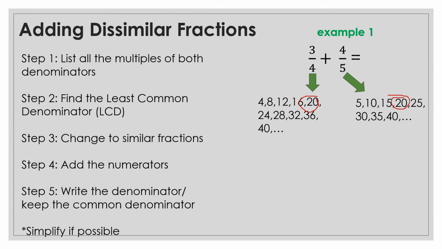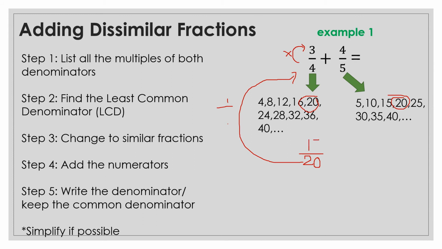Next, step 3, change the dissimilar fractions. So for 3/4, we're going to replace the denominator by 20. And then 20 divided by 4 is 5. And then 5 times 3 is 15.